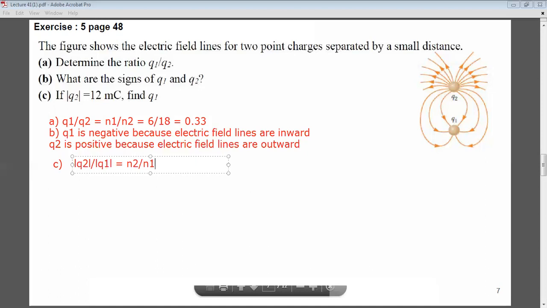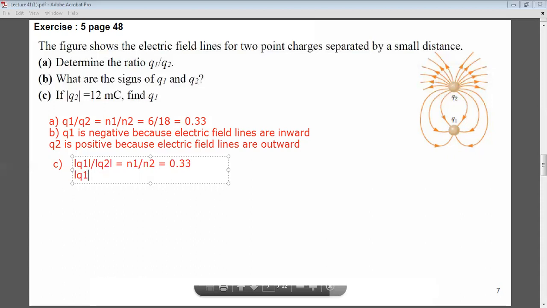Or we can start with Q1 over Q2, because then we can just use part A: N1 over N2, which is equal to 0.33. Q2 is 12 millicoulomb, so it's 12 e to the minus 3, we divide by 1,000.